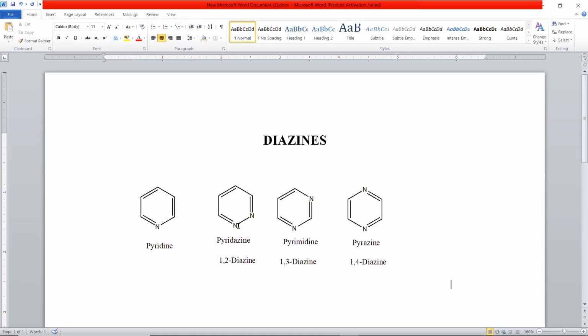Similarly, the 2 nitrogen atoms in pyridazine, in pyrimidine, and in pyrazine all behave as pyridine-like nitrogen atoms. So all of them are basic nitrogen atoms.